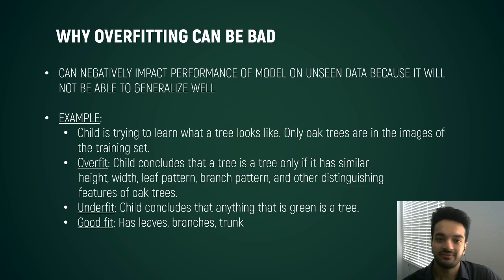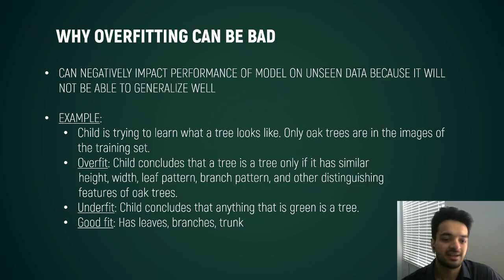So it will be overfit if the child concludes that a tree is a tree only if it has the similar height, width, leaf pattern, branch pattern, and all the other distinguishing features of oak trees. So essentially, if you give it a pine tree or a maple tree or willow tree to classify, it'll just say that that is not a tree at all because it does not have the exact same leaf pattern and branch pattern as an oak tree.